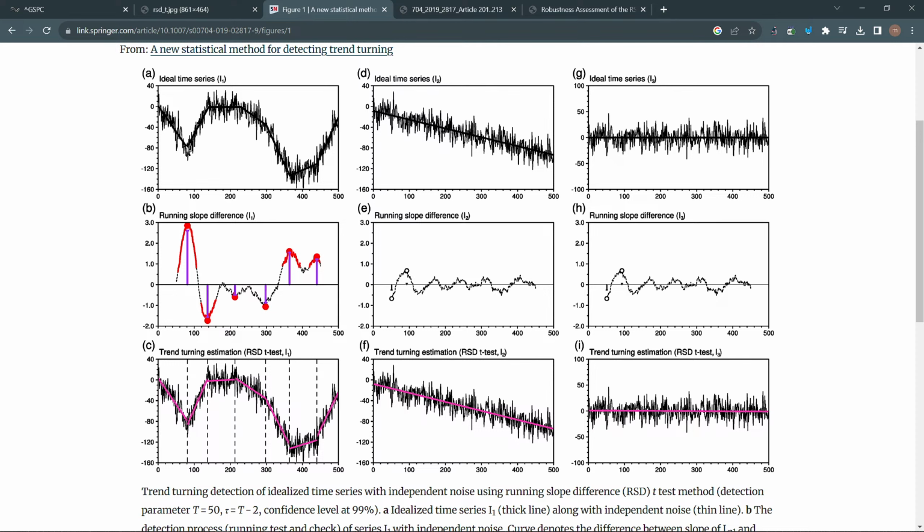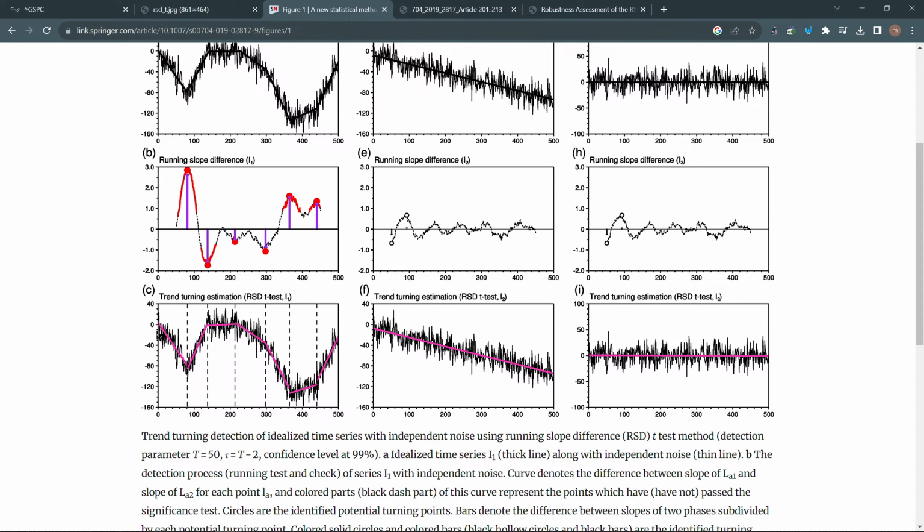And once these trend turning points have been detected, at the bottom here, you can see that you can define the underlying different trends. So it's not just one trend here. You see that different trends are identified in the data set here on the left hand side.